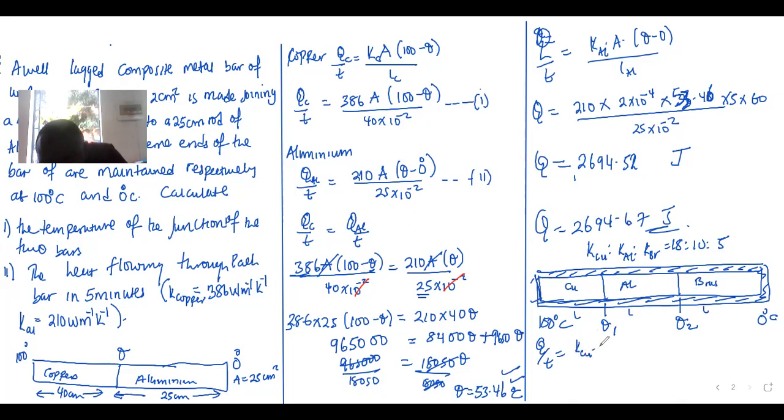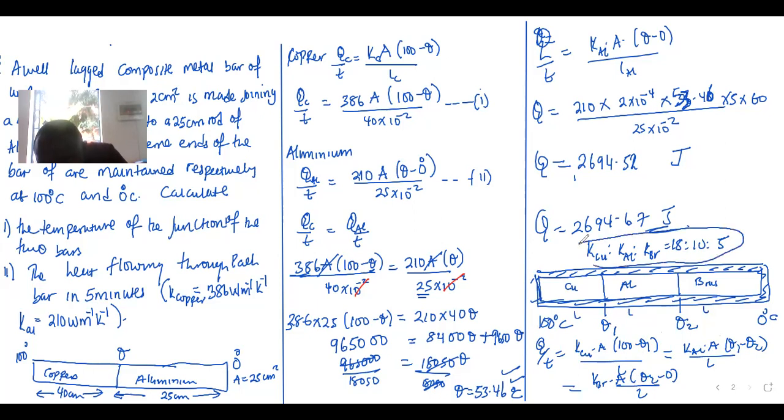So the coefficient for copper times cross-section area of copper times 100 minus theta 1 over the length L should be equal to the coefficient for aluminium times cross-section area times theta 1 minus theta 2 divided by the length, which should be the same as for brass times cross-section area for brass times theta 2 minus 0 divided by the length L. Then use your knowledge of mathematics and express them in terms of the same thing. Then the coefficients will cancel. Then you solve by designing a simultaneous equation, and then you attain the solution.